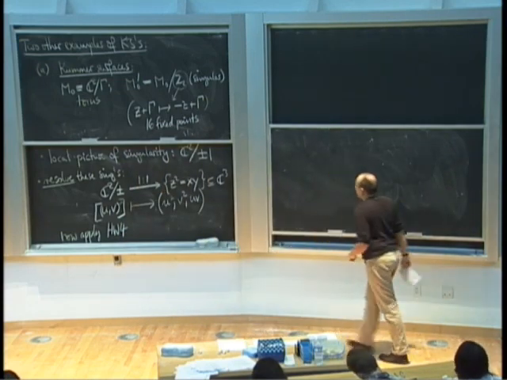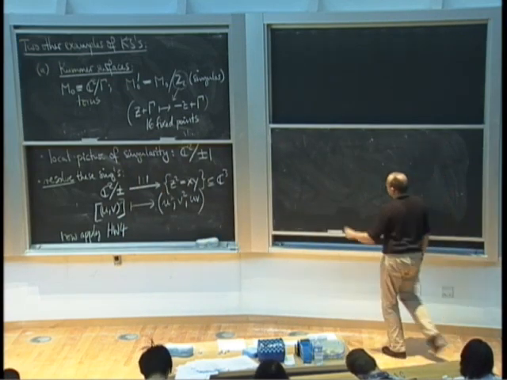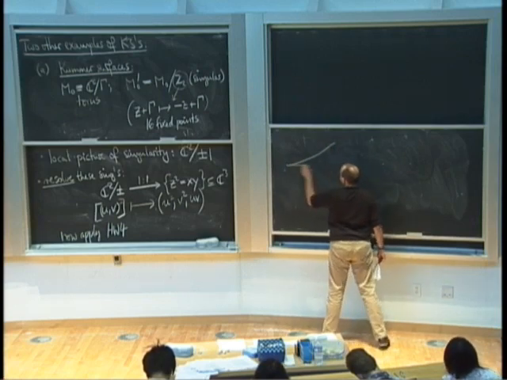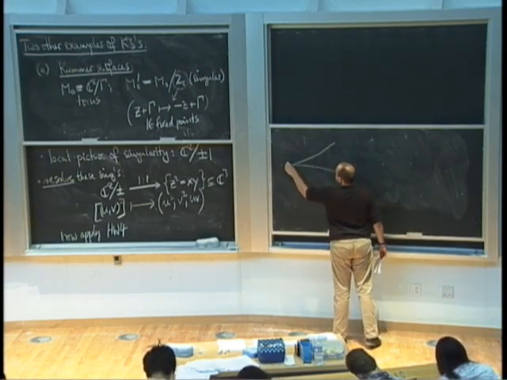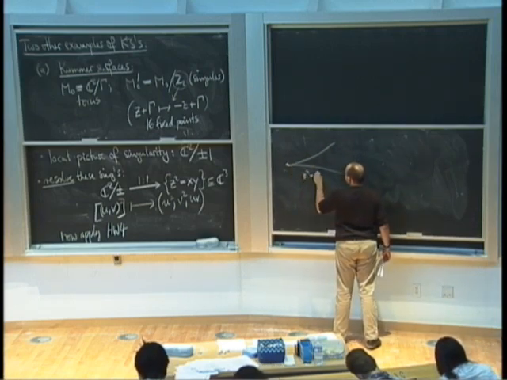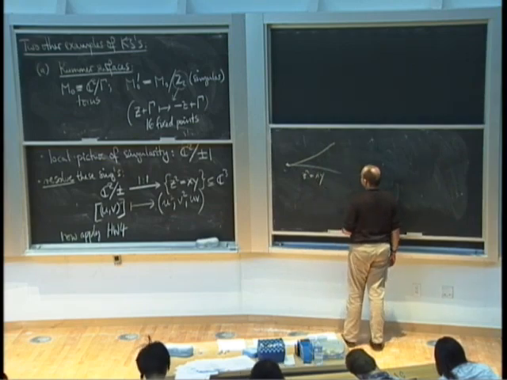The upshot of that homework problem was that this is my singularity, z squared equals xy, my singular surface.